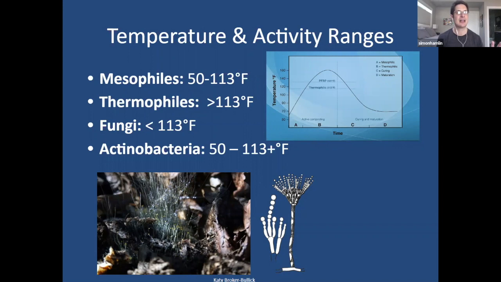Just like a dead log, that beautiful smell that you get from a dead log in the forest, that's what is created from the actinobacteria. And then the fungi come in and help if anything is too dry or acidic or too low in nitrogen, that the actinobacteria wasn't able to do its thing. The fungi comes in and is able to continue that decomposition process. And go on to the next slide.